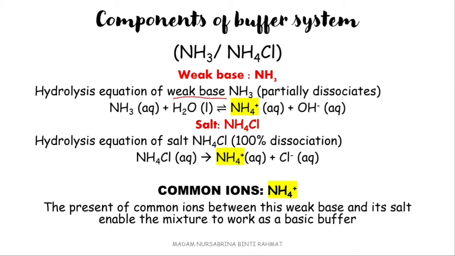This hydrolysis of ammonia will yield NH4+, the ammonium ion, which acts as a conjugate acid. Let's check whether hydrolysis of ammonium chloride yields the same conjugate acid. Yes, the hydrolysis of the salt ammonium chloride also yields NH4+ as well as Cl-. So in both hydrolysis equations, we have the same ion produced, our conjugate acid, NH4+.